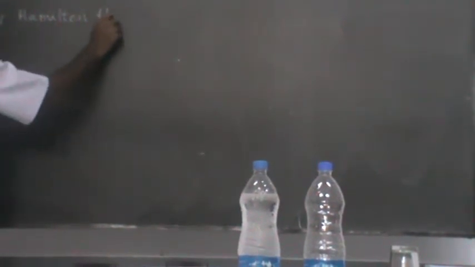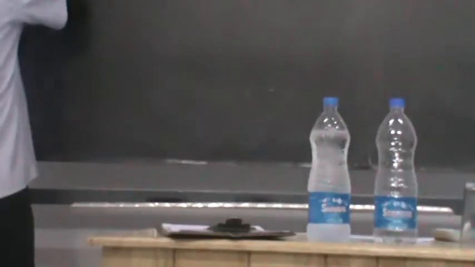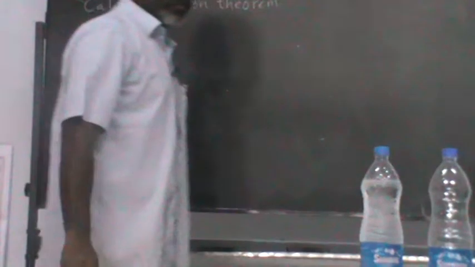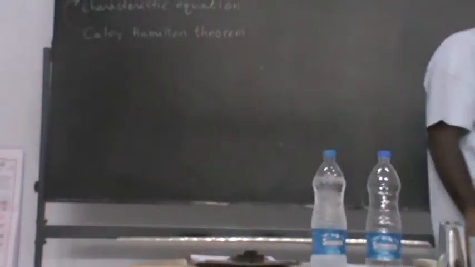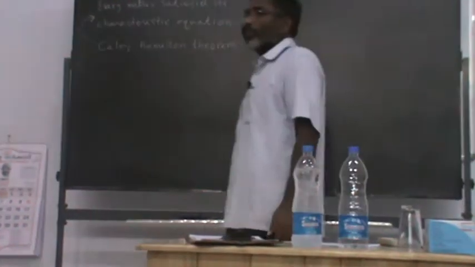This statement is what is called the Cayley-Hamilton theorem. The Cayley-Hamilton theorem states that every matrix satisfies its characteristic equation. There is no proof required, it is obvious. You put lambda equal to A, it will be satisfied. The determinant of a zero matrix is 0.